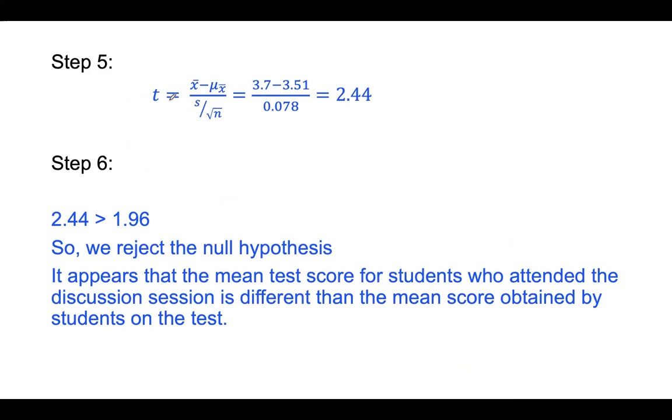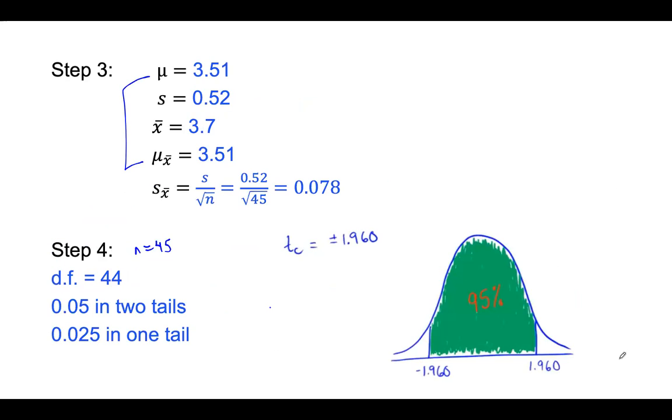So again, our last step, of course, is to compute that t statistic, which is X bar minus mu divided by S divided by square root of N. This is, again, that central limit theorem. And we compute 2.44. So 2.44, let's say, is over here.